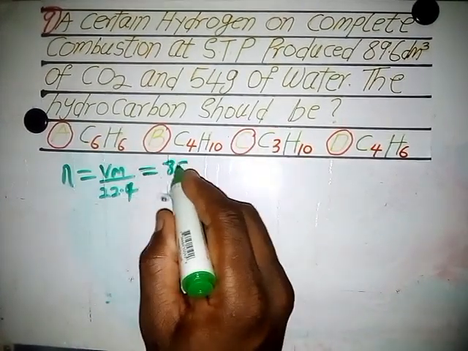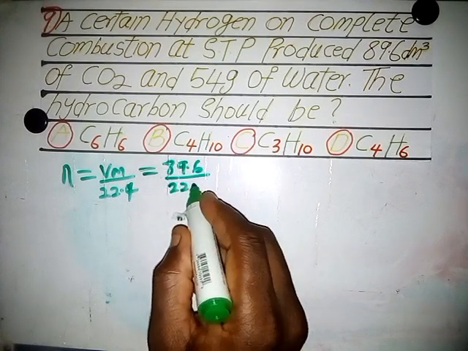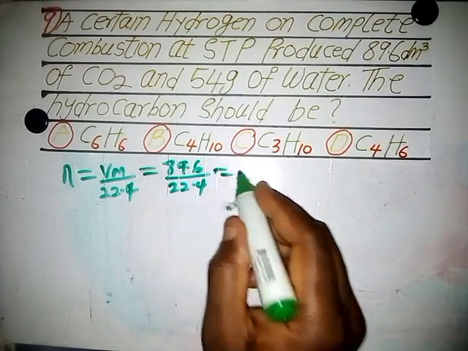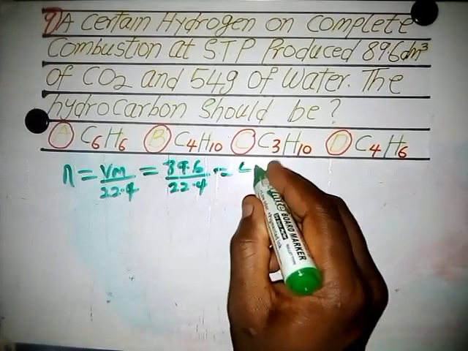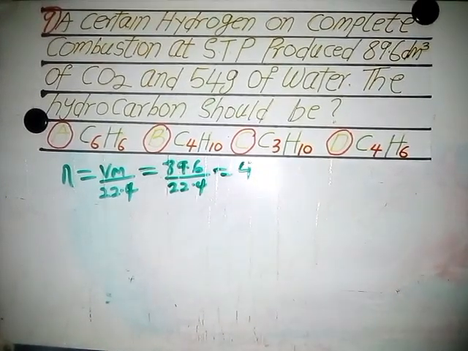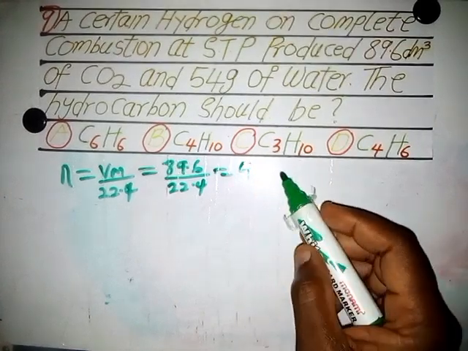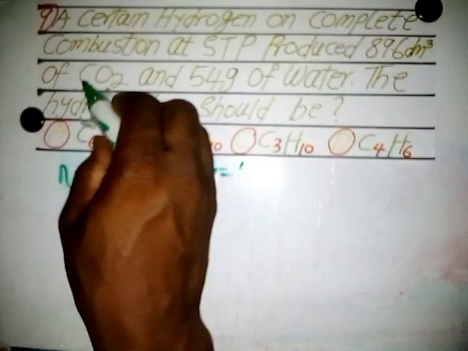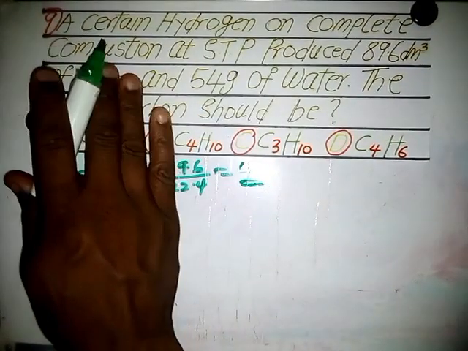So 89.6 over 22.4. Divide that, you get 4. So this 4 is the number of moles of carbon. We are done with carbon.